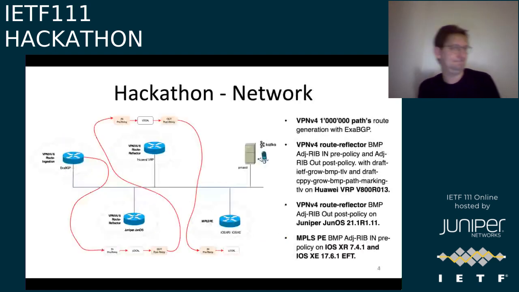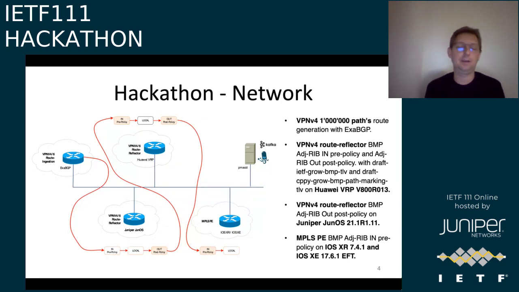Next slide, please. So this is the network we used. On the very left-hand side, we have ExaBGP generating the VPNv4 routes, where the Juniper router is basically the route reflector, and we were measuring adjacency RIB out.